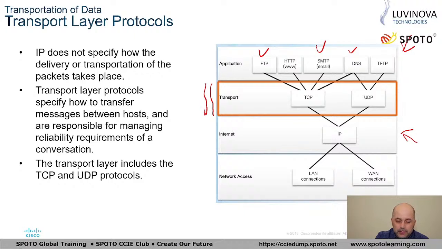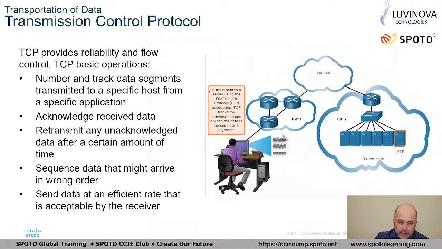Here, the bottom layer, the transport protocol layer, has TCP and UDP. Let's talk about those two protocols and compare them. Transmission Control Protocol provides reliability and flow control.